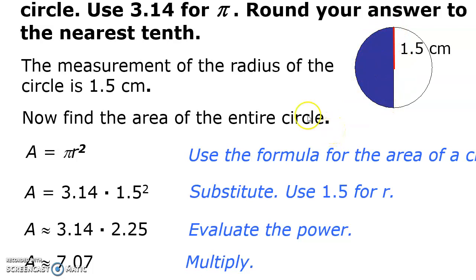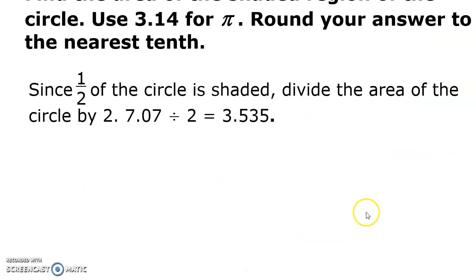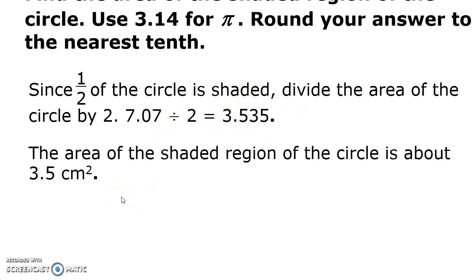So from there, we are going to divide 7.07 by 2. Okay, and that will give us 3.535. So our shaded region of the circle is about 3.5 centimeters squared.